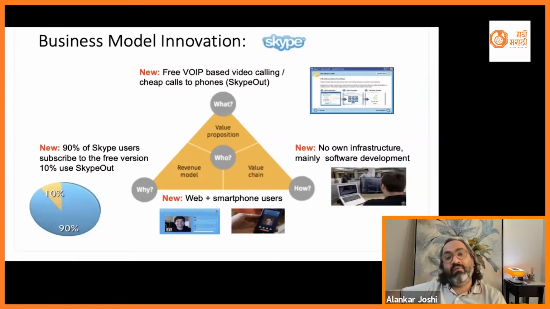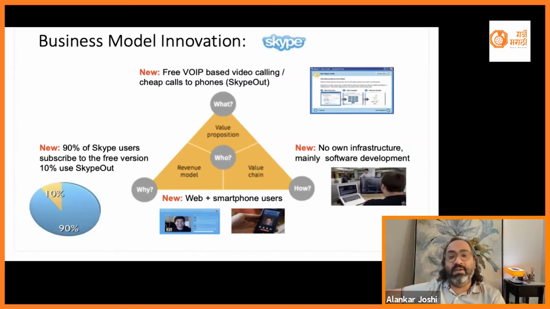They also had a unique value proposition for these users, where free video calls were offered. And for those who wanted to call traditional phones, they were offered the ability to do so at low rates. As far as the how aspect of the value delivered is concerned, traditional telecom companies had huge investments in infrastructure, like I said, the telecom exchanges and all, which was already sunk cost, right?